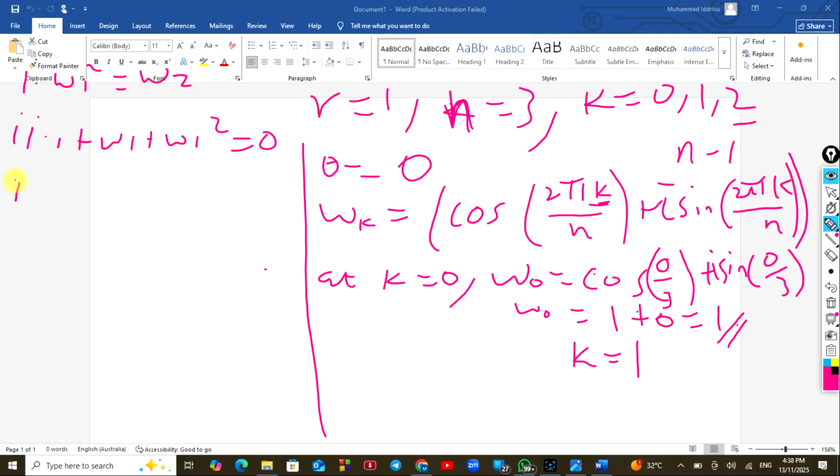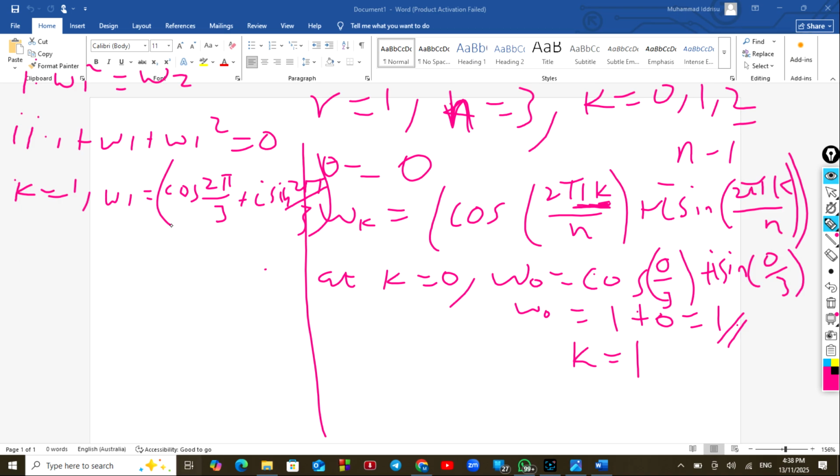At k equal to 1, we have W1 equal to cos of 2 pi k over 3, and because k is 1, 2 pi times 1 just gives us 2 pi, plus i sin 2 pi over 3.